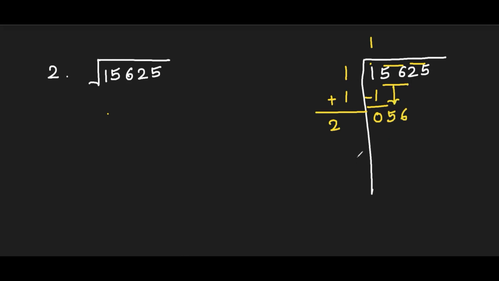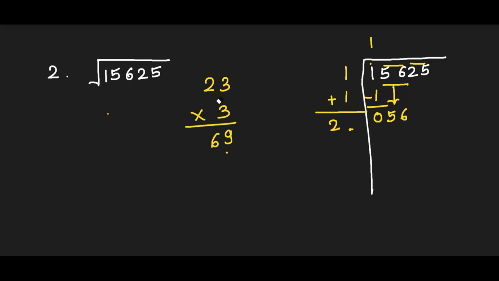Now to divide this 56, we have to take a digit in front of the 2 to find the exact number or a number smaller than it. If we take 3, then 3 times 3 is 9 and the 2 times 3 is 6, which is absolutely greater than 56.